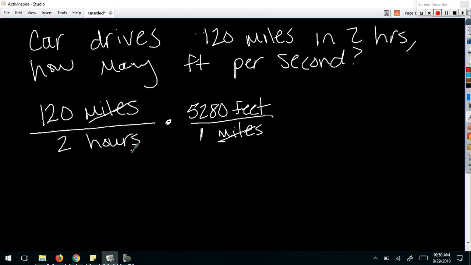We've got to do 60 seconds, so 60 minutes in an hour. What needs to go up top, the hours or the minutes? Look at what you need to keep. The hours. Why? Because I need hours to go away. This allows me to take the hours away.